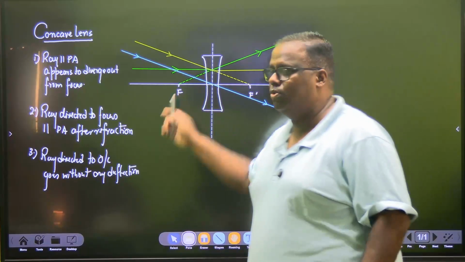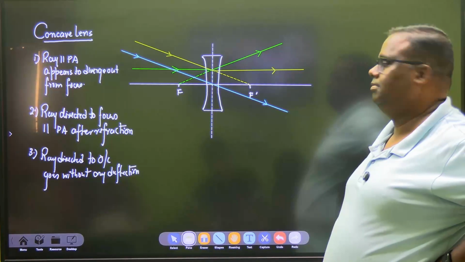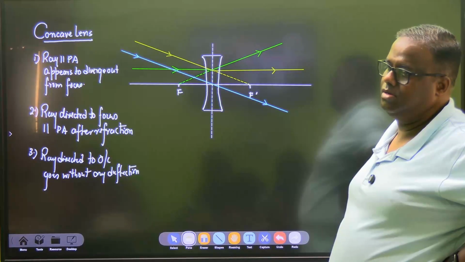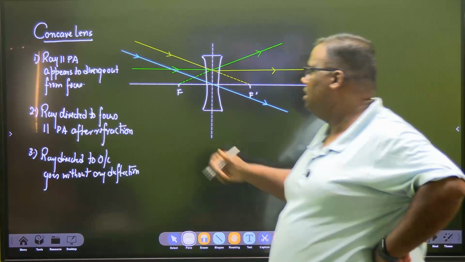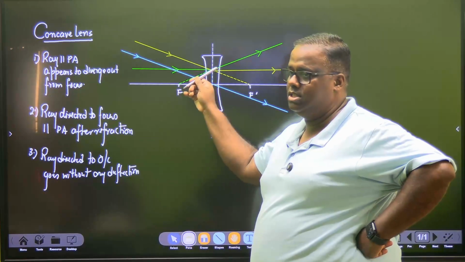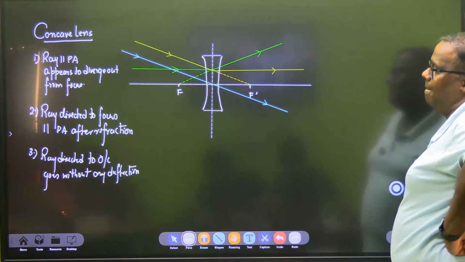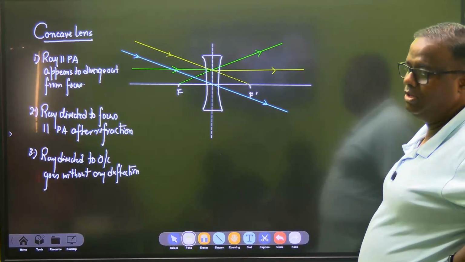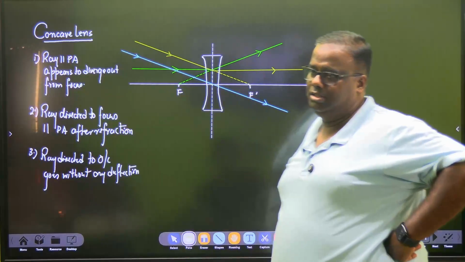This is the primary focus. Even Anvita, what you are trying to say, see, if the ray had gone through this focus, then also it would have become parallel. You can make a ray through this focus and that will become parallel.